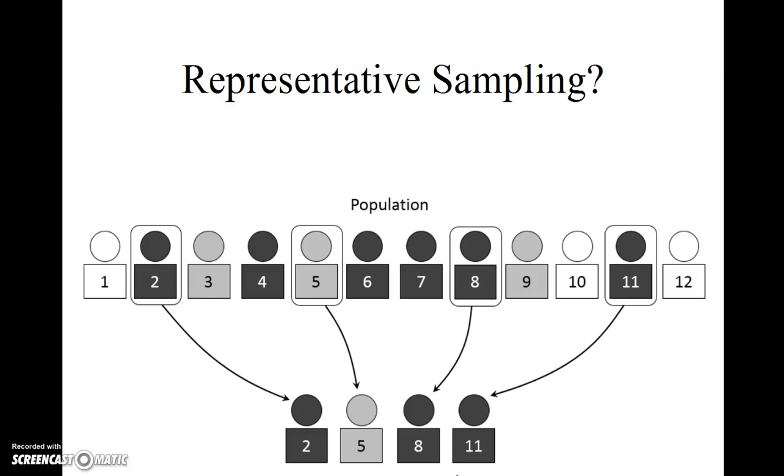Looks like it over-represents the black cases, includes too many of those in the sample, while it under-represents the white cases, because none of them are included in the sample. A representative sample would be representing the population in terms of the most important background variables, such as age, gender, and geography.